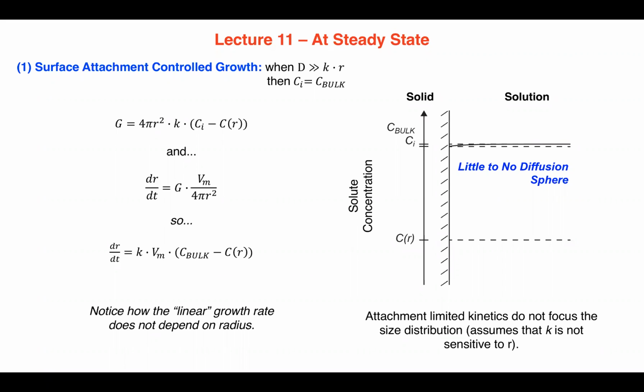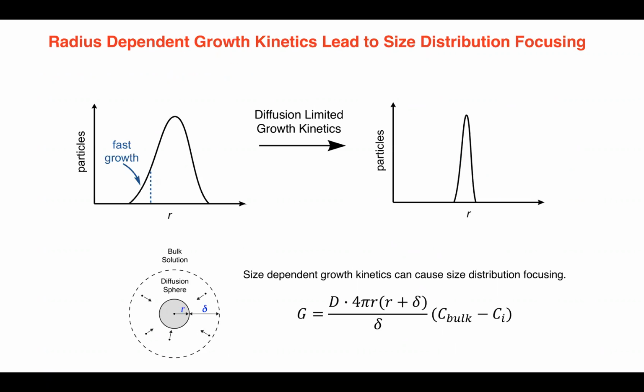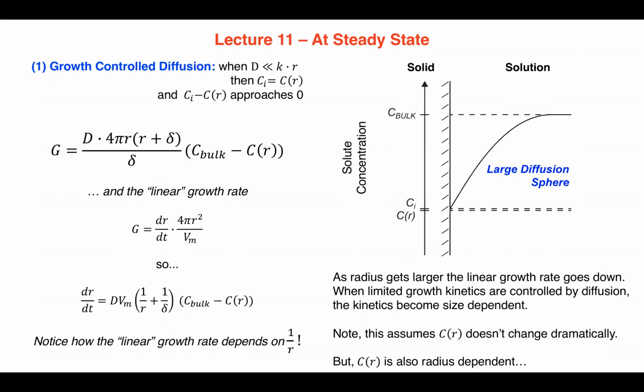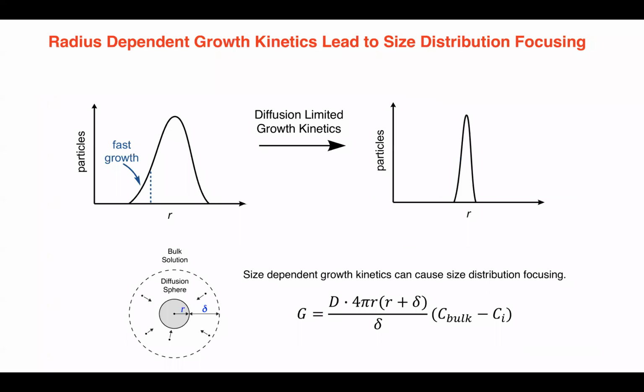Now, this has a really big consequence because it was pointed out a long time ago that diffusion limited rate constant, and I should have actually used this expression here on this next plot, this 1 over R dependence gives rise to something called size distribution focusing.